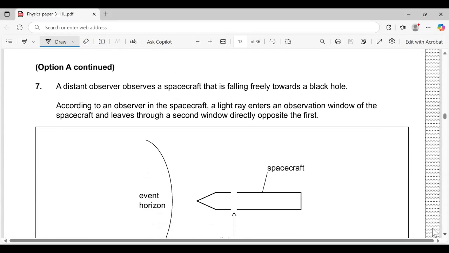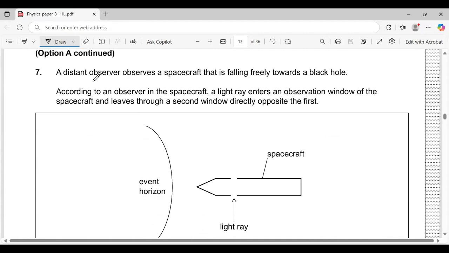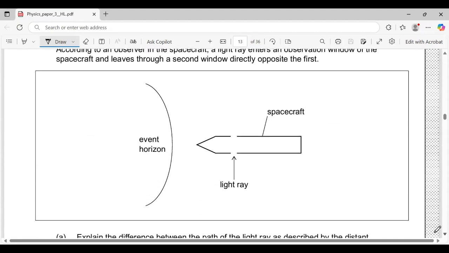Next question, number 7. A distant observer observes a spacecraft that is falling freely towards a black hole. According to an observer in the spacecraft, a light ray enters an observation window of the spacecraft and leaves through a second window directly opposite the first. This is a diagram.